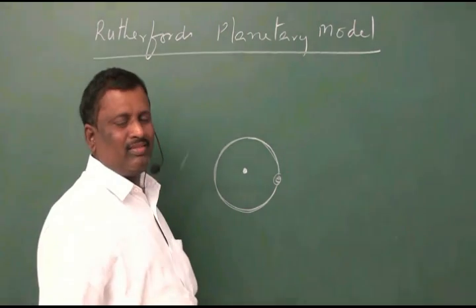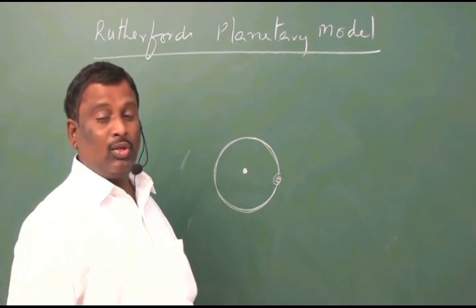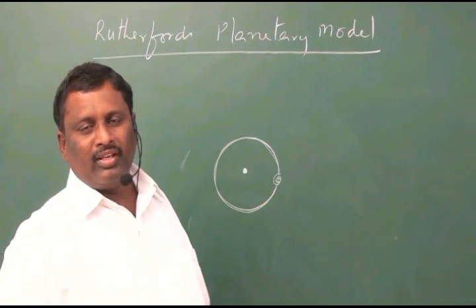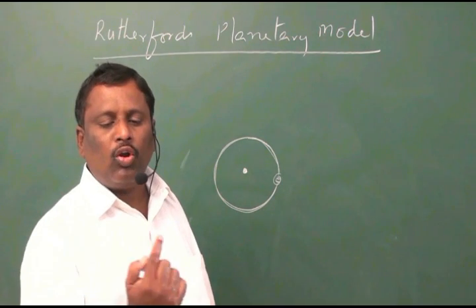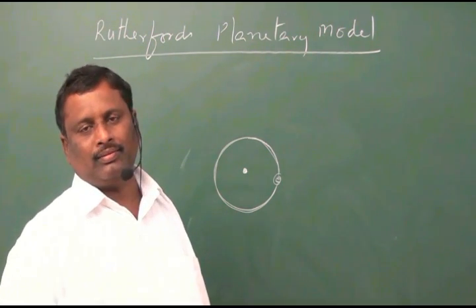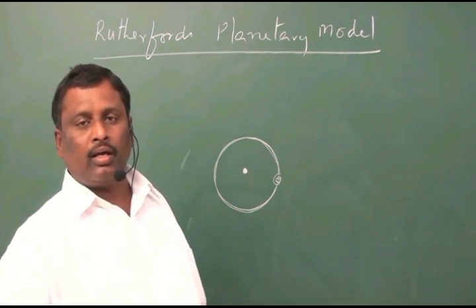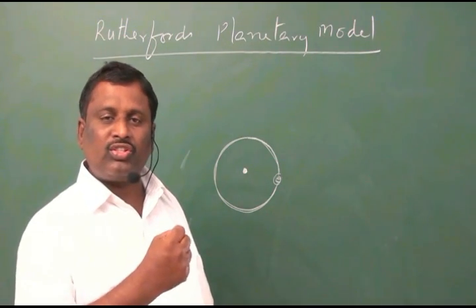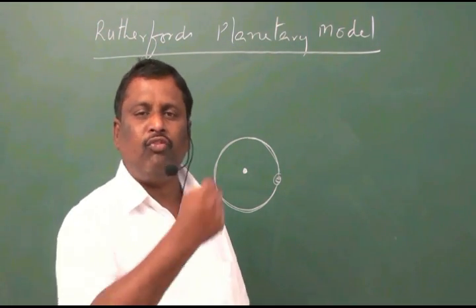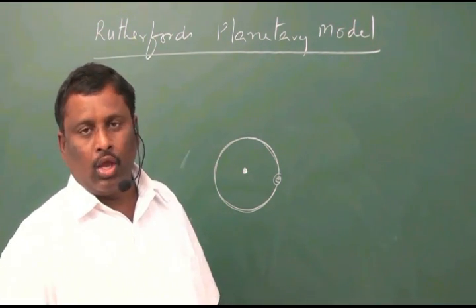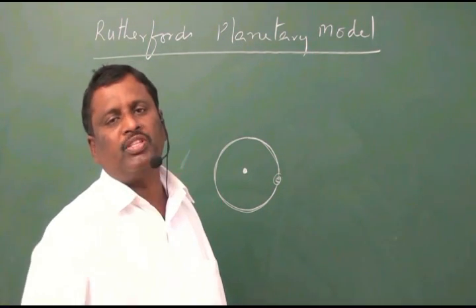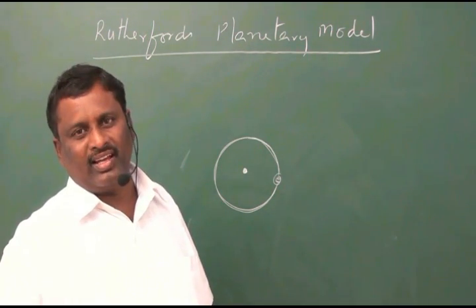What is the use of this revolution? When an object is revolving in a circular path, a certain force known as centrifugal force will arise from its center, which pushes the object away from its center.